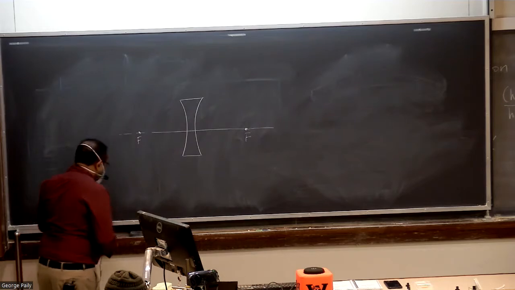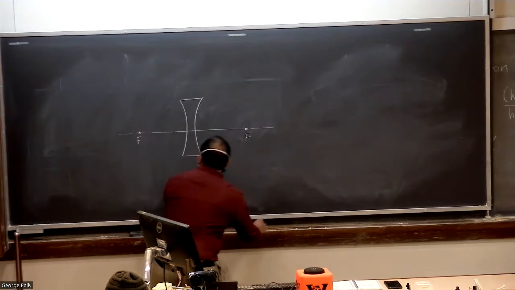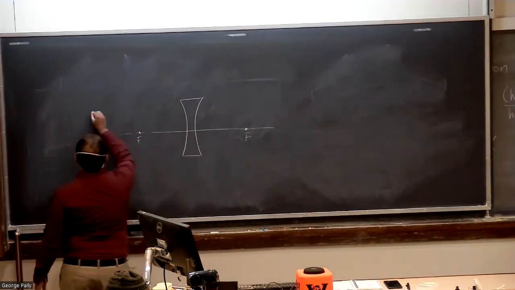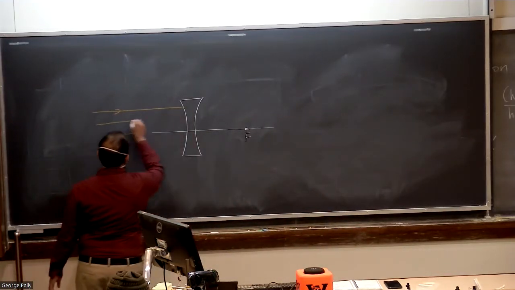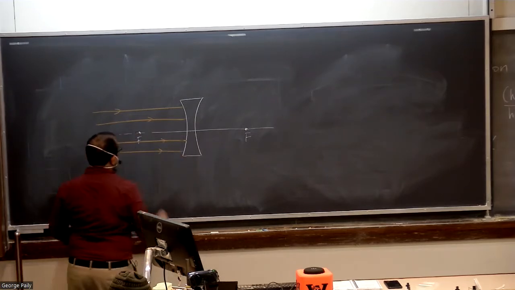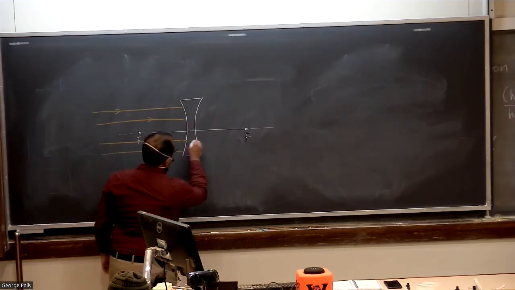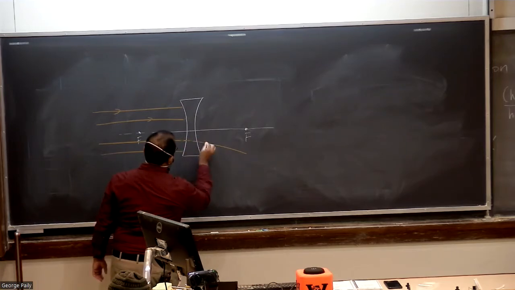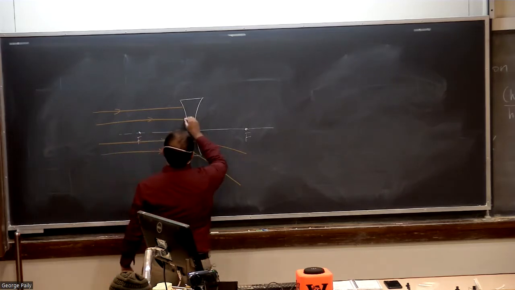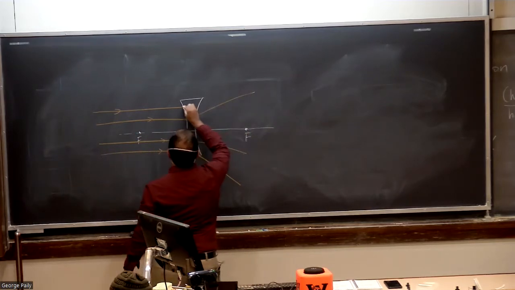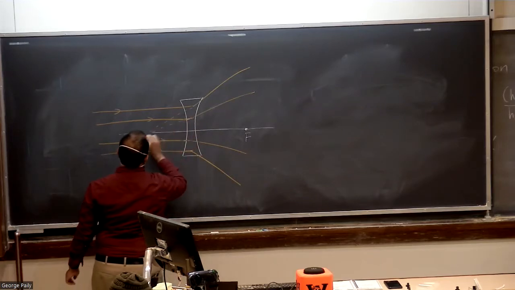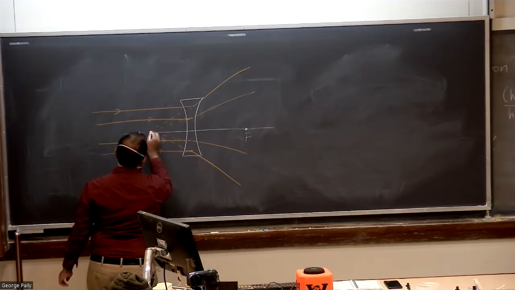The reason why it has two focal points is that one of them is for parallel rays incoming, right? So you can say, okay, rays come in parallel. For a diverging lens, they'll then diverge, in such a way as to appear to come from the focal point.